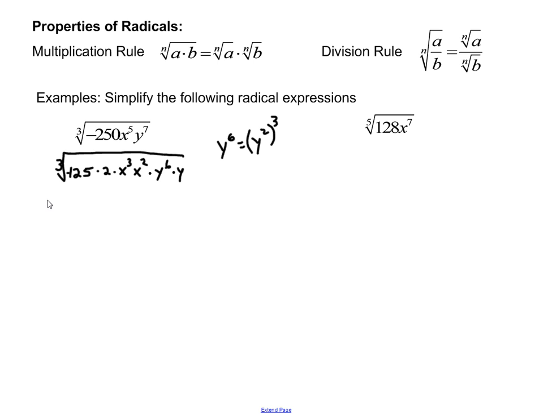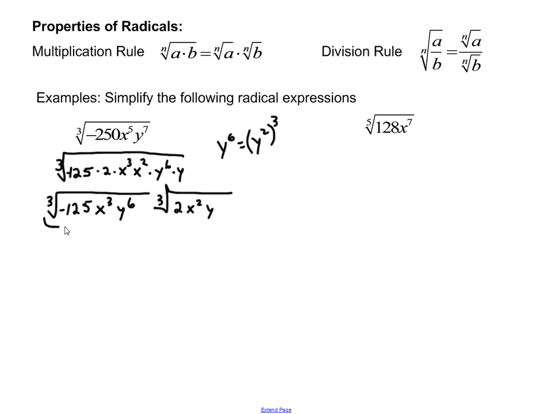We would say that this is really the same thing as, if I separate off all my perfect cube factors, negative 125 times x cubed times y to the sixth, and another cube root factor of 2 x squared and y.